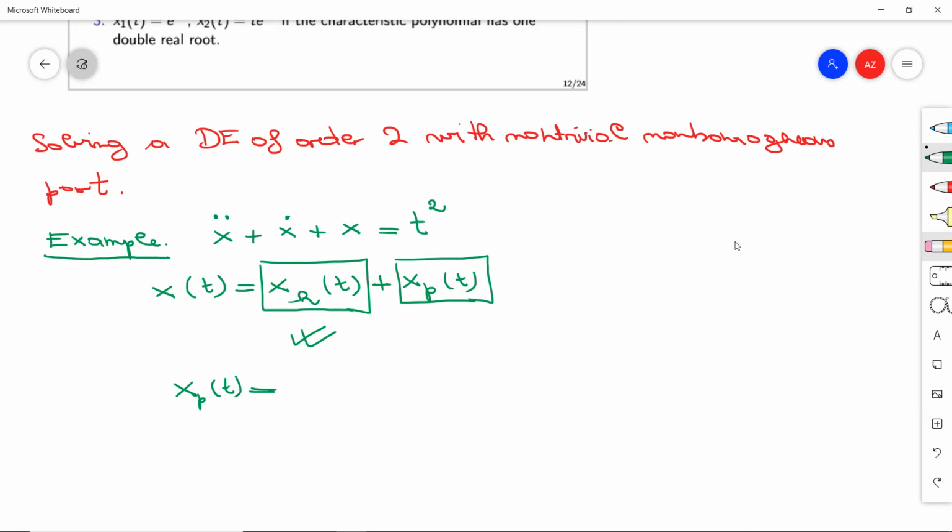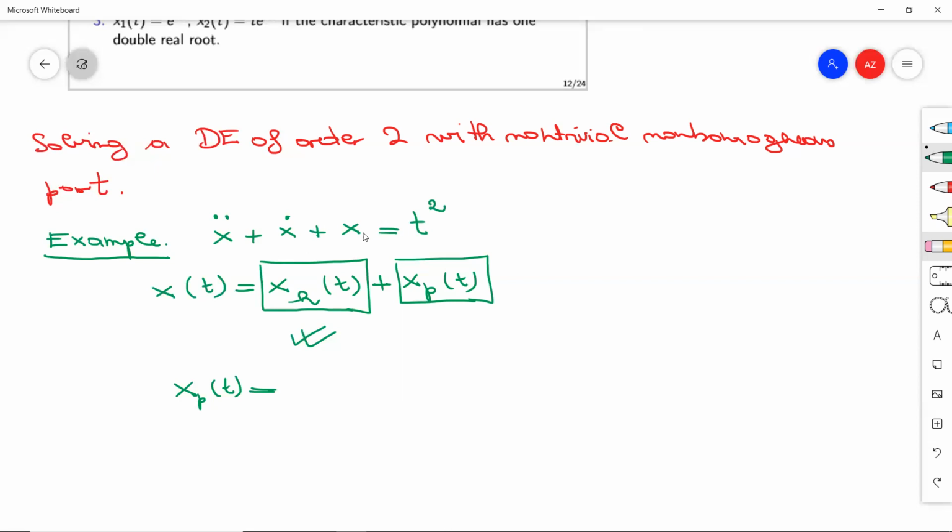You have here the second derivative, first derivative, and a function without derivative. So you see that on the left-hand side, we can expect to get three unknown coefficients. And on the right-hand side, we have a polynomial of degree 2, which is determined by three coefficients: the constant term, the linear part, and the quadratic part.